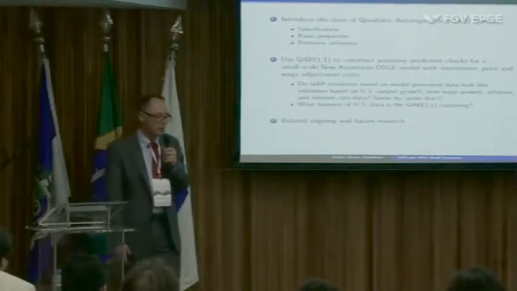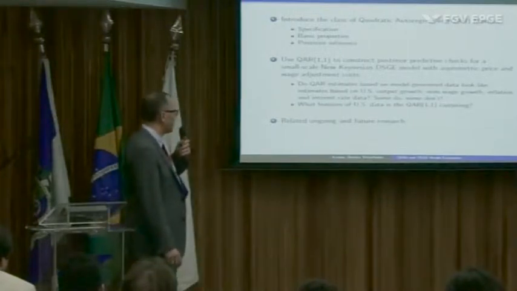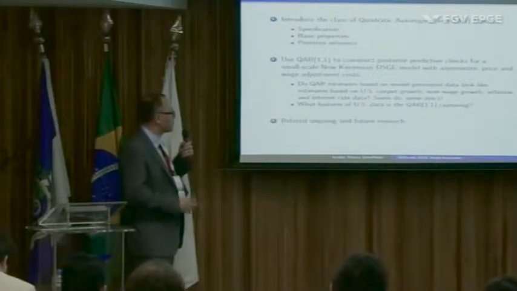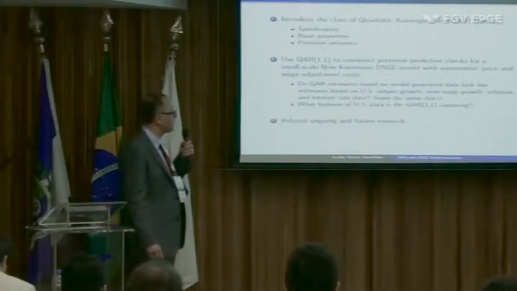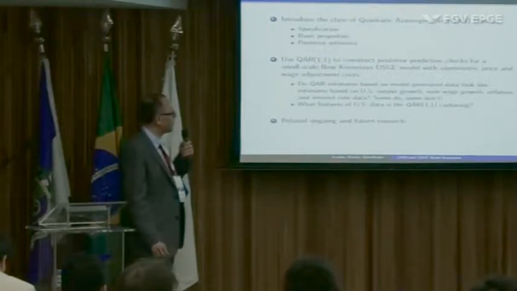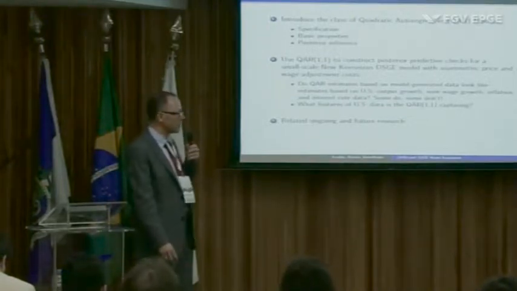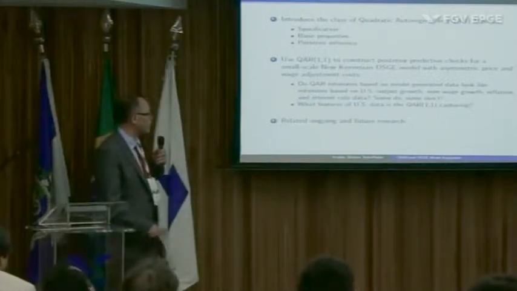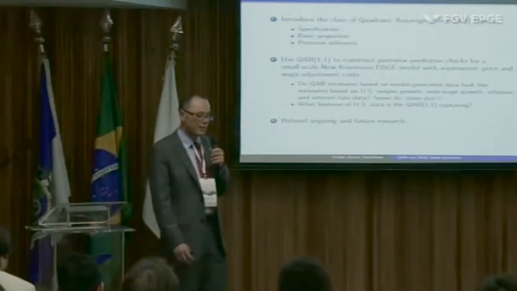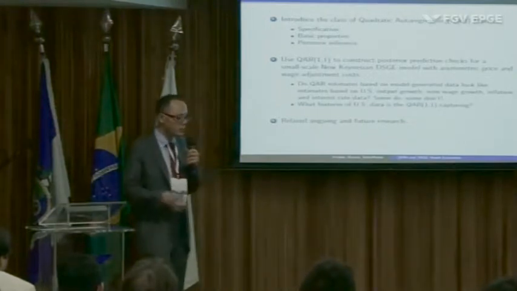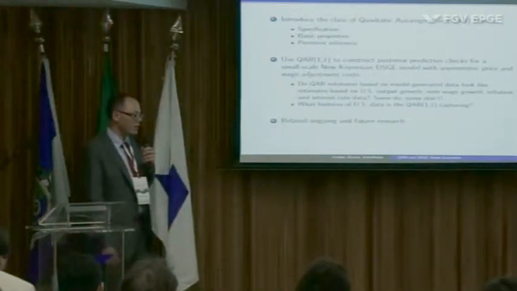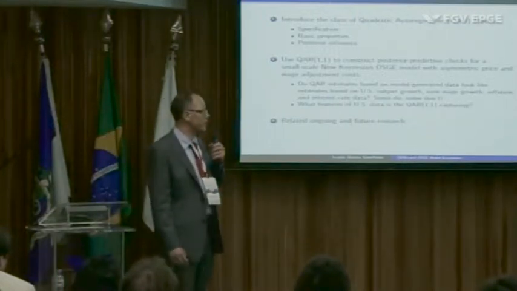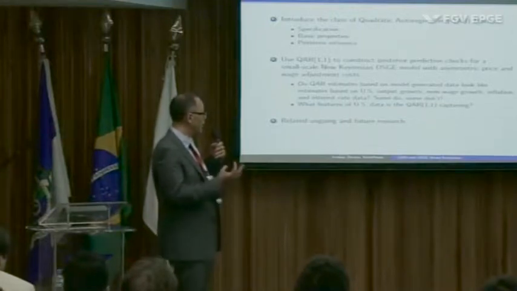literature called a posterior predictive check, but it's something intuitively quite simple, and we'll apply that to a small-scale New Keynesian DSGE model with asymmetric price and wage adjustment costs. So basically, the question that these predictive checks ask is, well, suppose you estimate these quadratic autoregressive models based on model-generated data, and look at the estimates.